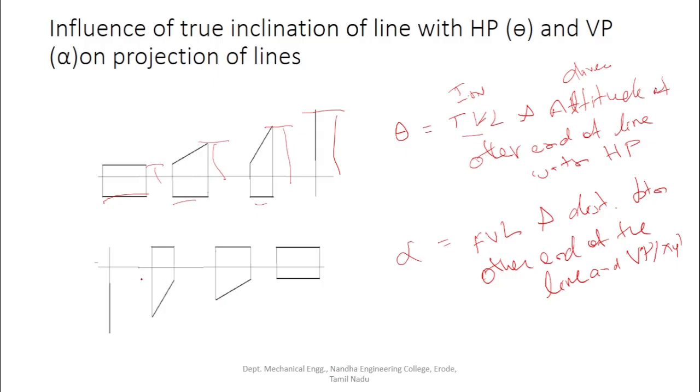So this distance is influenced by alpha, and the length of the front view is influenced by alpha, right?